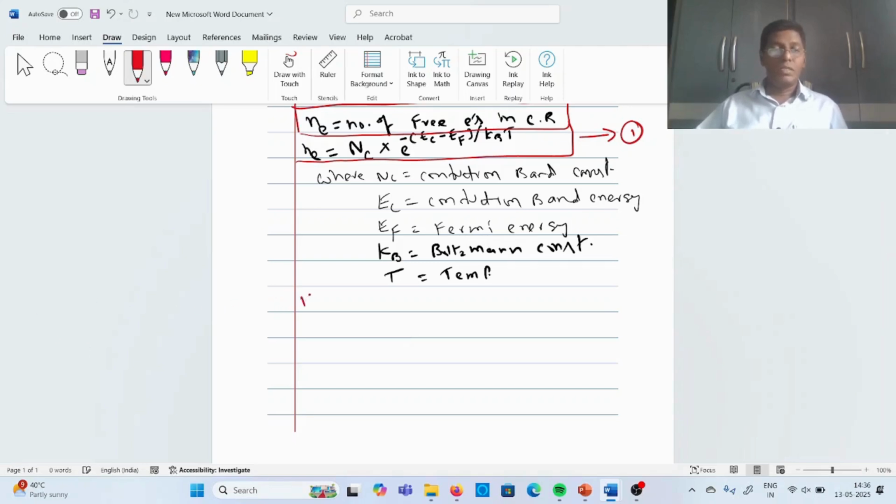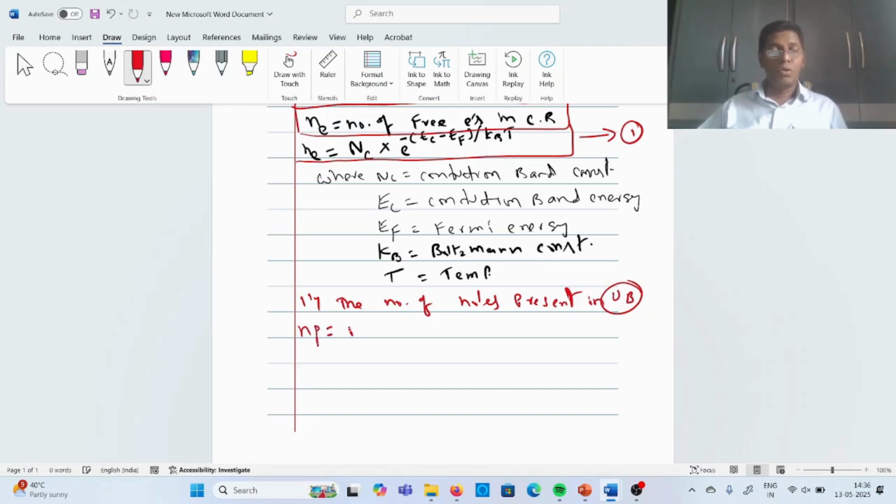Similarly, the number of holes present in the valency band, mathematically that can be written in the form of one equation.